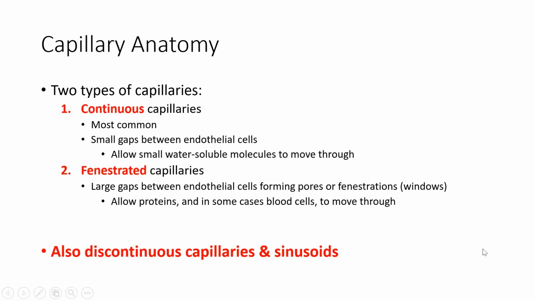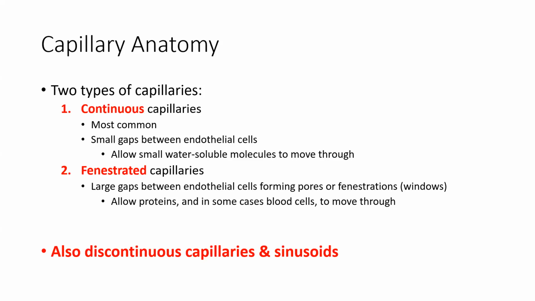The third branch of capillaries are the discontinuous capillaries, also called the sinusoidal capillaries, okay? And these are, again, even more rare, and these are found in areas like the bone marrow and sometimes the liver. These have even larger openings, right?